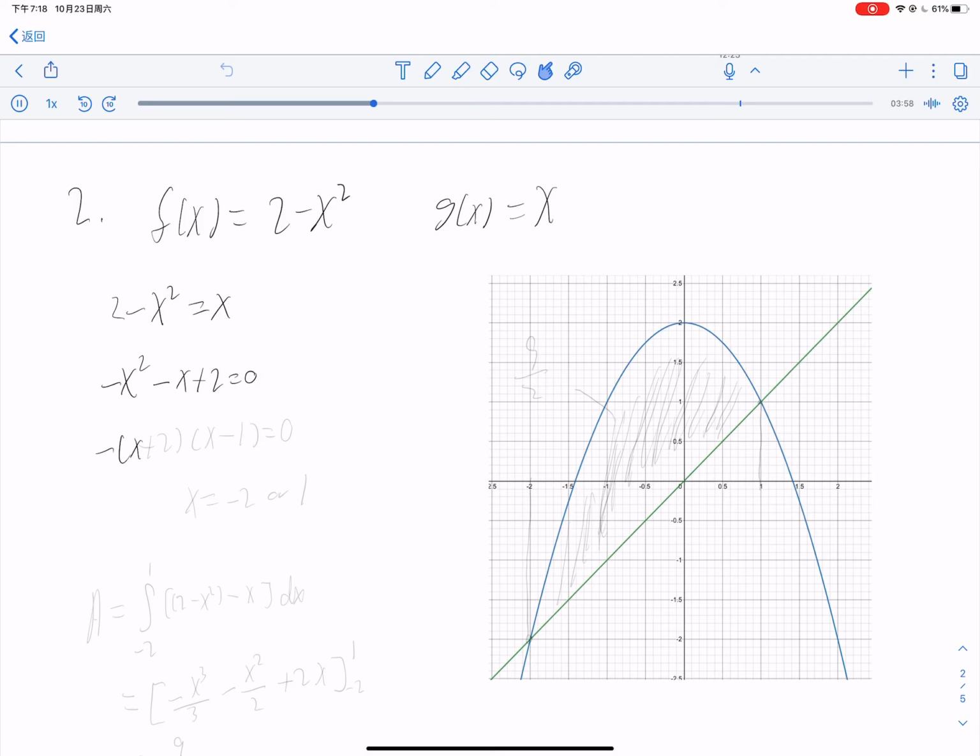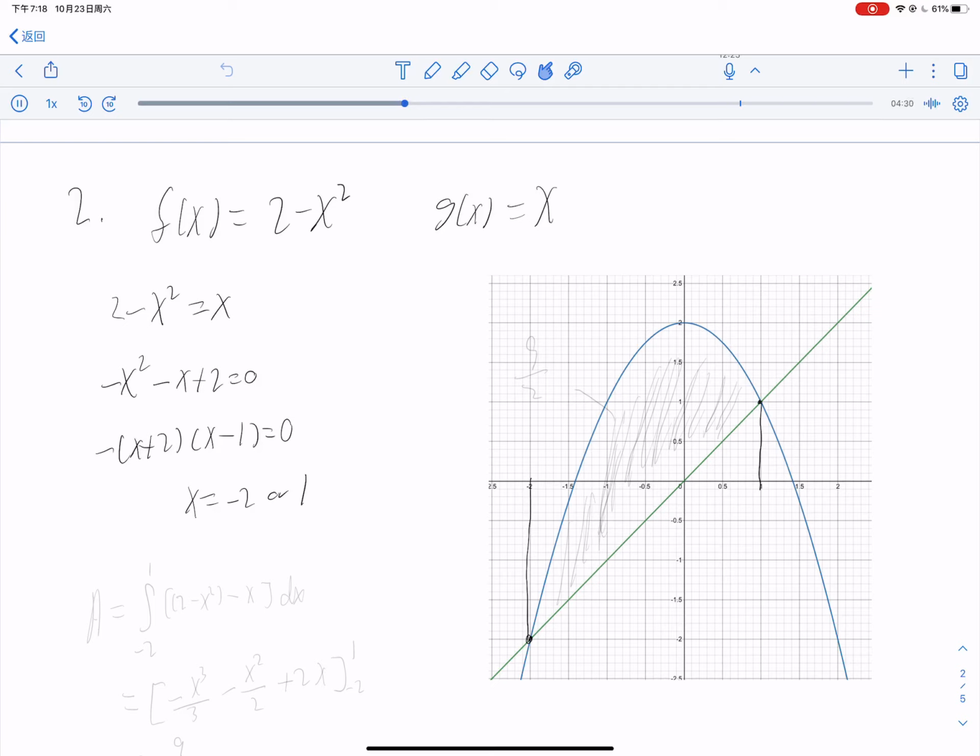And negative x plus 2 times x minus 1 is 0. So x is negative 2 or 1. As you can see in the graph also, the two functions are bounded by x equals negative 2 and 1. So in this case, you basically just algebraically solve the equation.